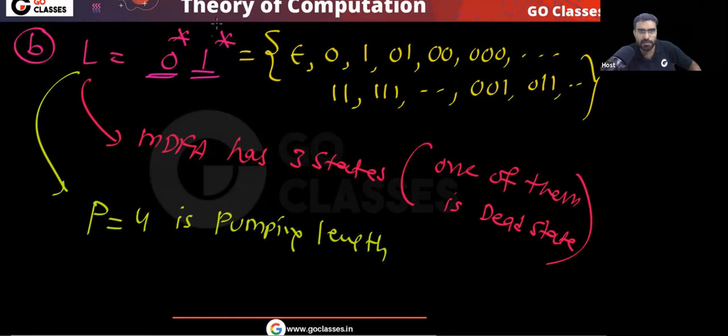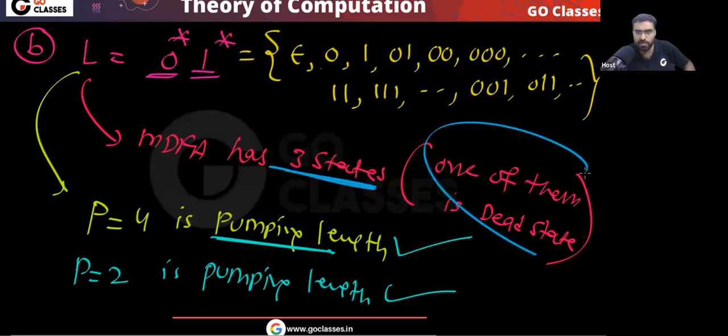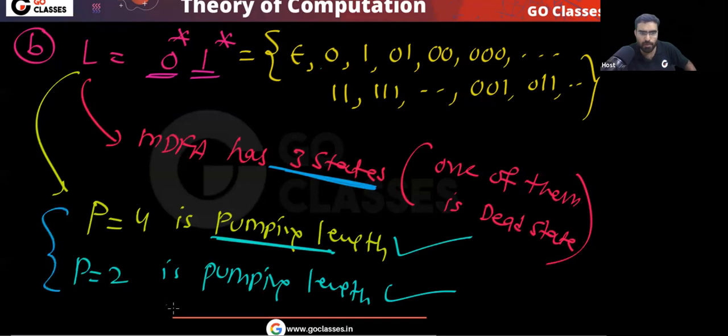Yes, of course. I'm not asking for the minimum, I am asking whether p equal to 4 is a pumping length. Yes. Can I say p equal to 2 is a pumping length? That is also yes, because the minimal DFA has 3 states and 1 state is a dead state. So p equal to 2 is also a pumping length.